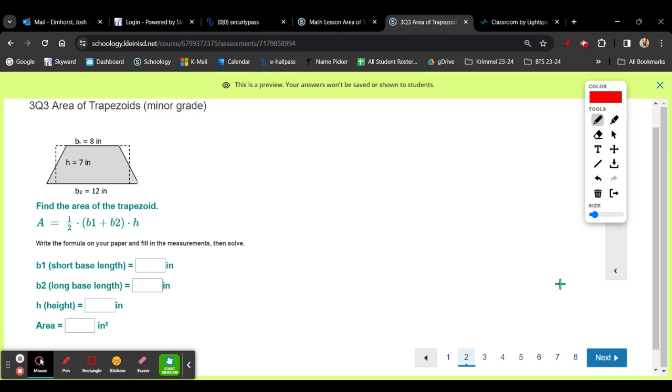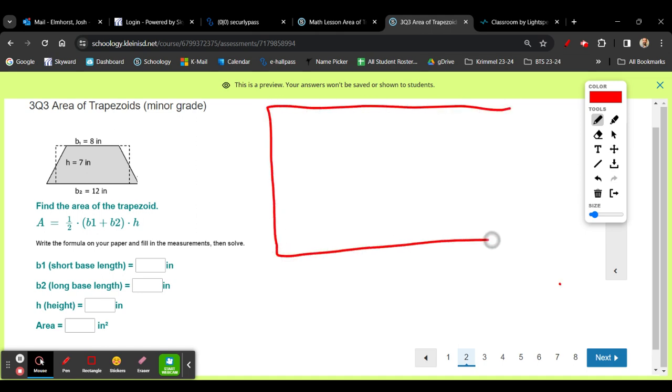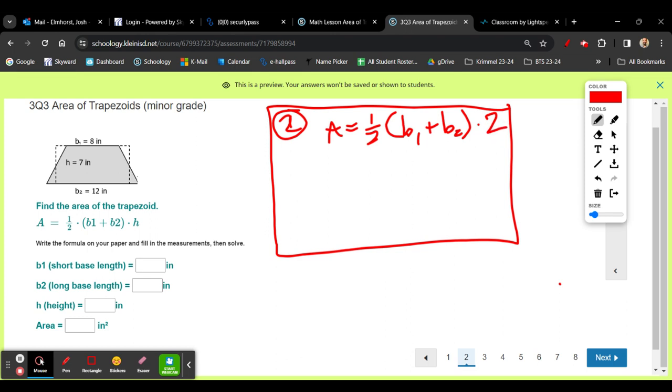Number 2, focusing on using the formula. This will be given on the star chart. So area is equal to 1/2 base 1. You're going to add the two bases together, divide by 2, and then get the height.